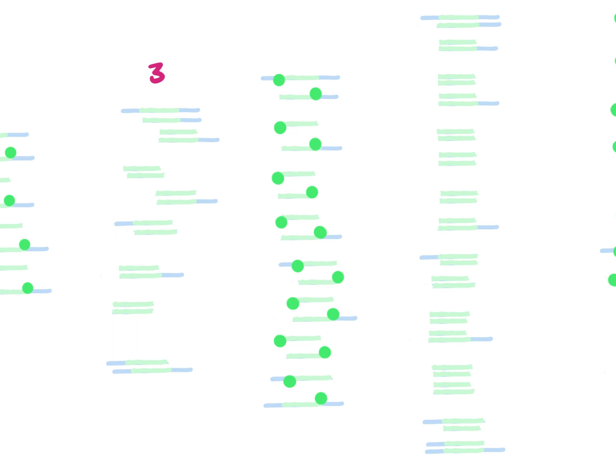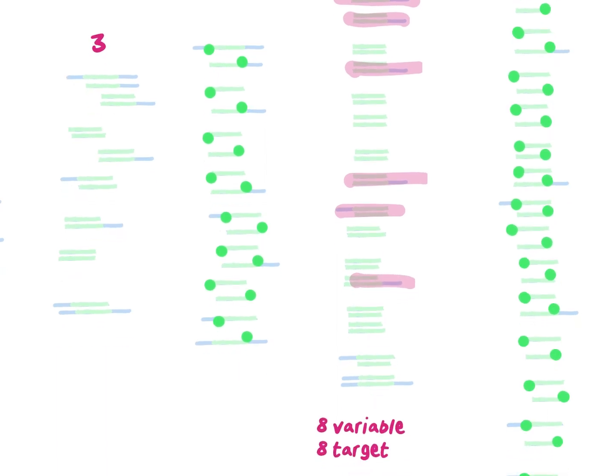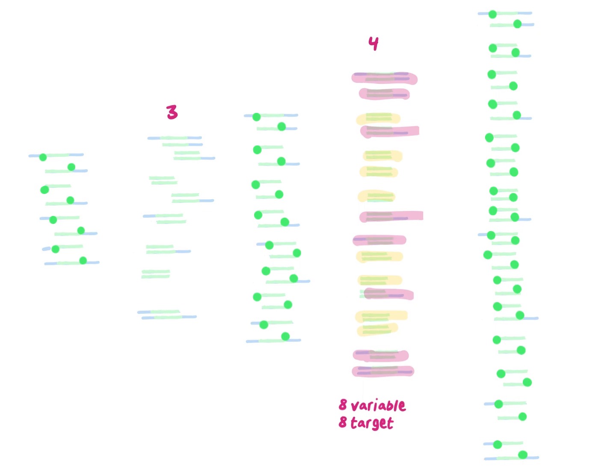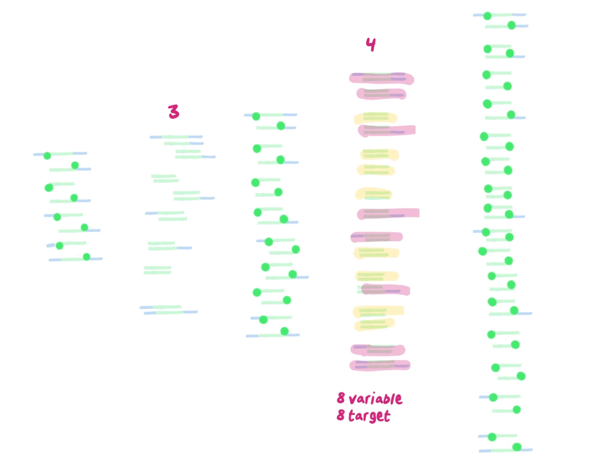Okay, so if I just highlight here, variable regions are here, here, here, here, here, here, and here. And of course, our target DNA regions are there, there. So after 4 cycles, we've got 8 variable length DNA fragments and 8 target length DNA fragments.